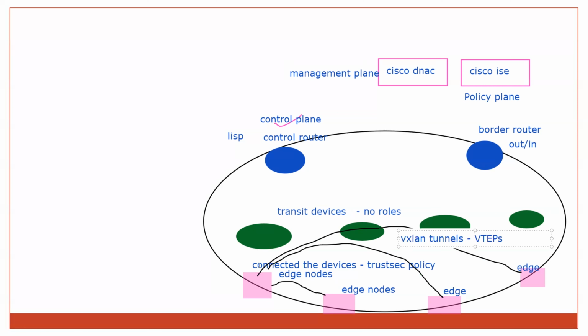So these edge devices will take the role of VTEPs. Here also you can term them VTEPs. And everything you're seeing here, Cisco DNA, Cisco ISE, the border, the control plane, the transit devices, the edge nodes, is part of one fabric.